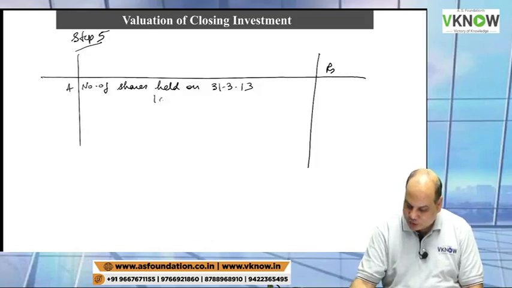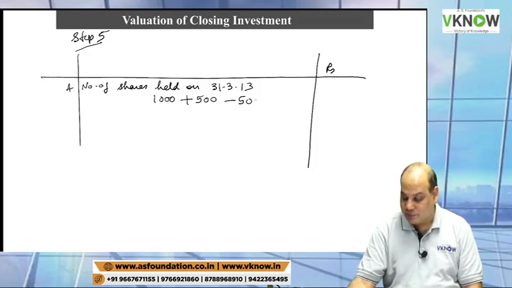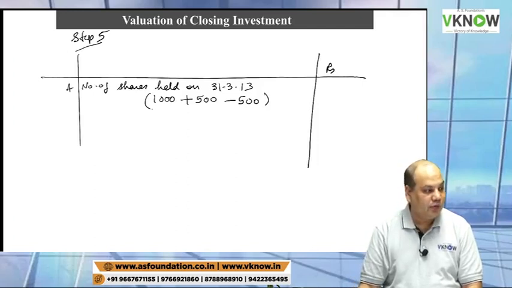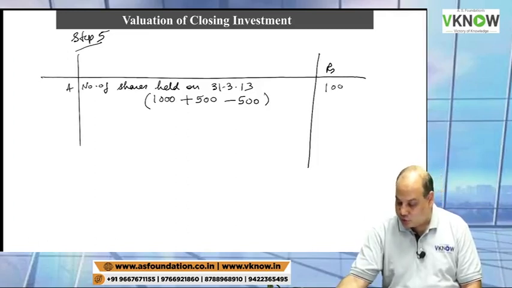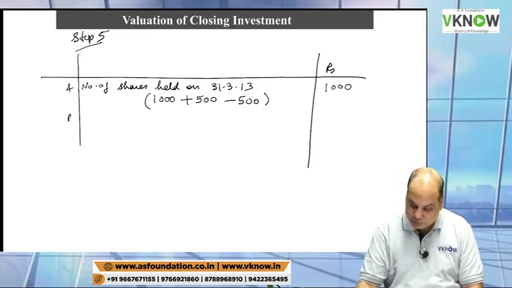So you have 1000 shares purchased, 500 shares received as bonus shares, and 500 shares sold. Plus 500 for bonus shares minus 500 for shares sold. So you are actually holding 1000 shares.